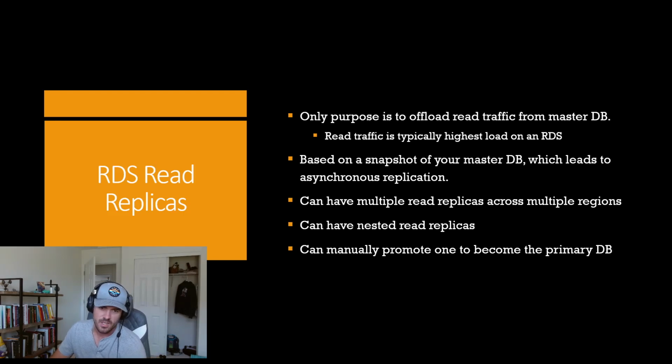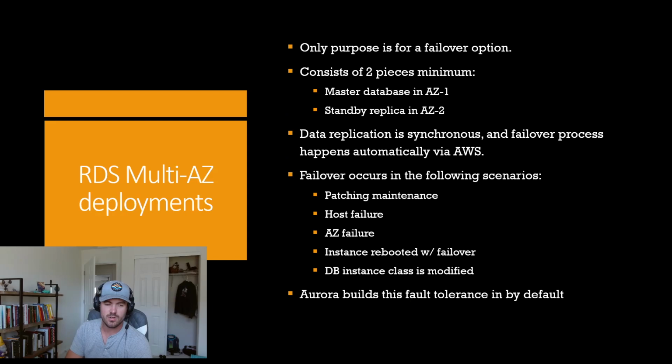Okay. You can manually promote a read replica to become your primary database, but this is one of the key differences between read replicas and a multi-AZ deployment: this cannot happen automatically. So there may be some delay, there may be some increased RTO, RPO because of this. But that's potentially where you start to work them together, right?